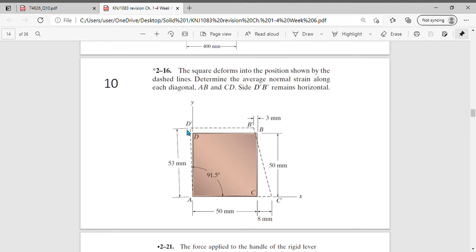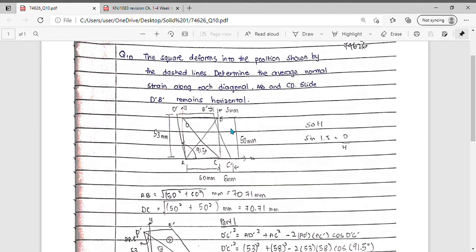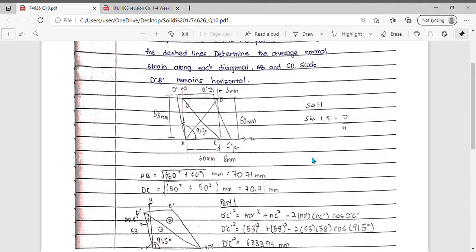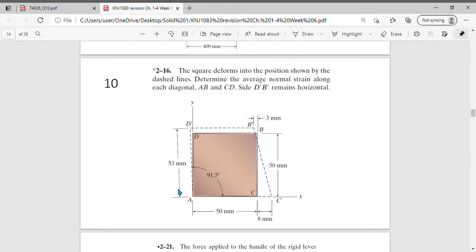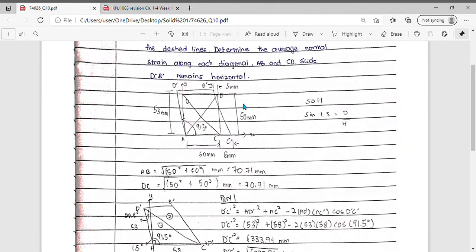In order to find how far D prime goes away from the original D, we use the sine method. The original angle is 90 and has been increased by 1.5 degrees. We only want to find the D prime length here, how far D prime has been shifted.